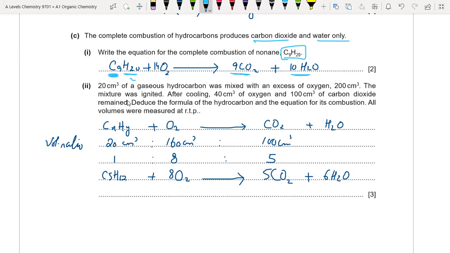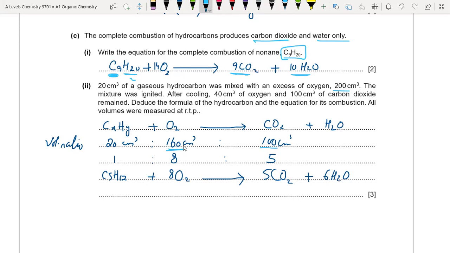So this is a question in which we are provided with 20 cubic centimeters of gaseous hydrocarbon, which is mixed with an excess of oxygen, 200 cubic centimeters. The mixture was ignited. After cooling, 40 cubic centimeters of oxygen was left and 100 cubic centimeters of carbon dioxide remained.